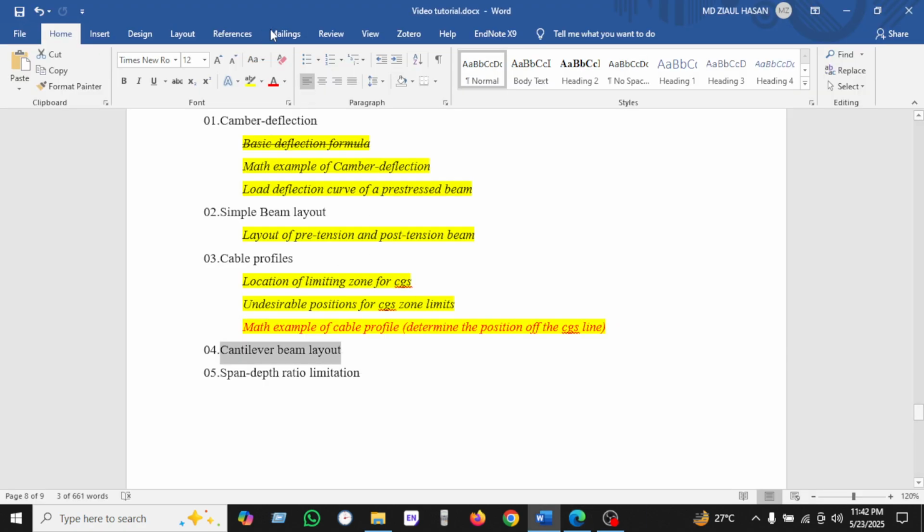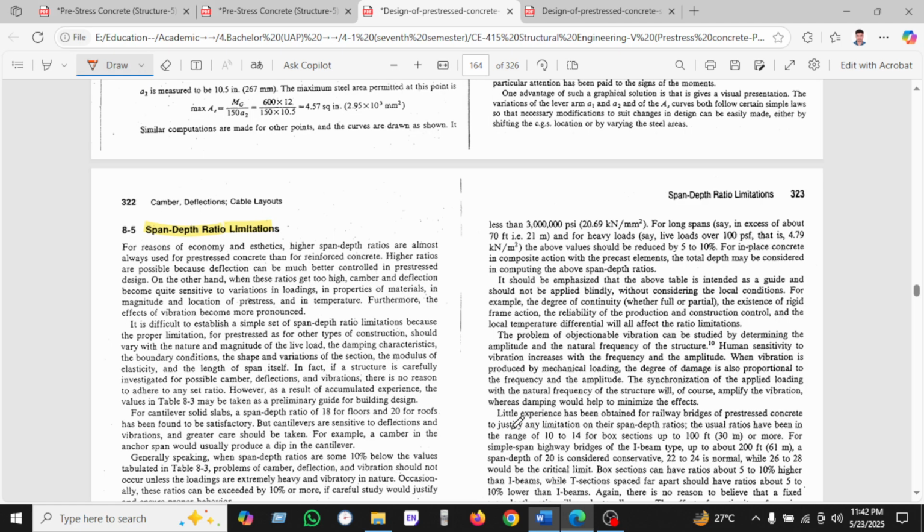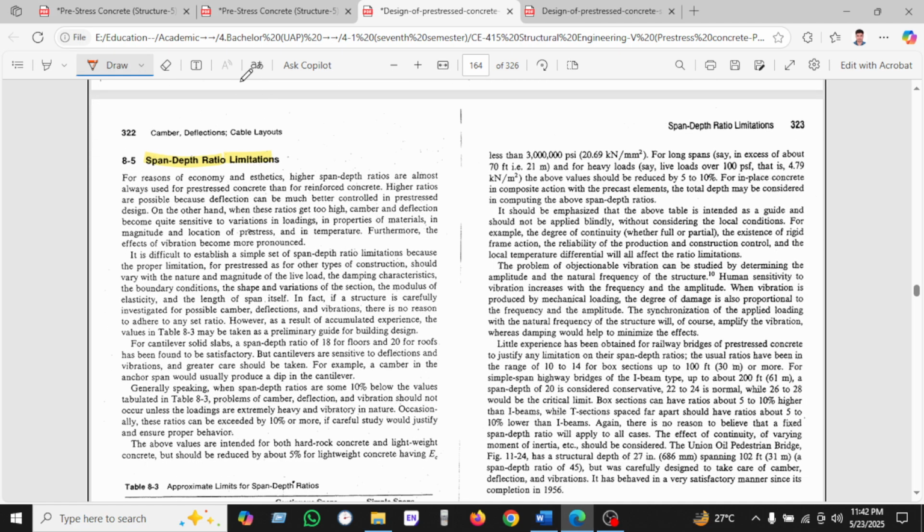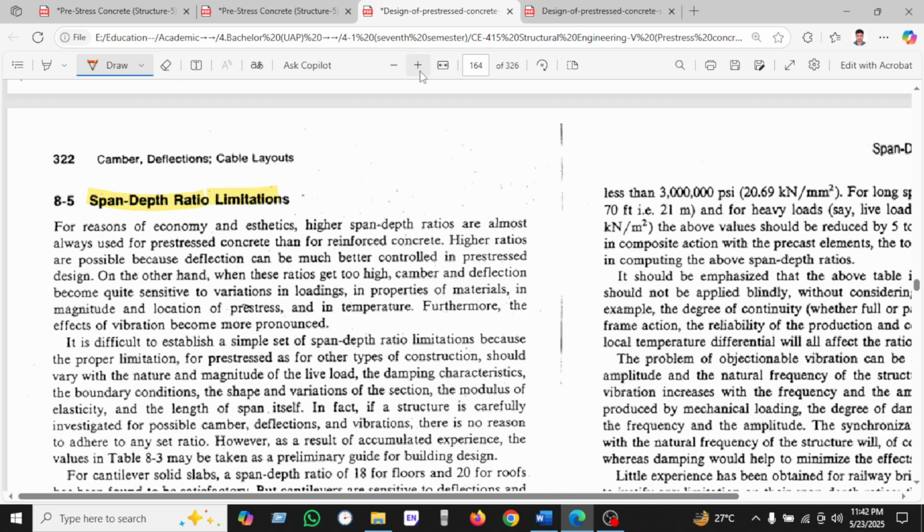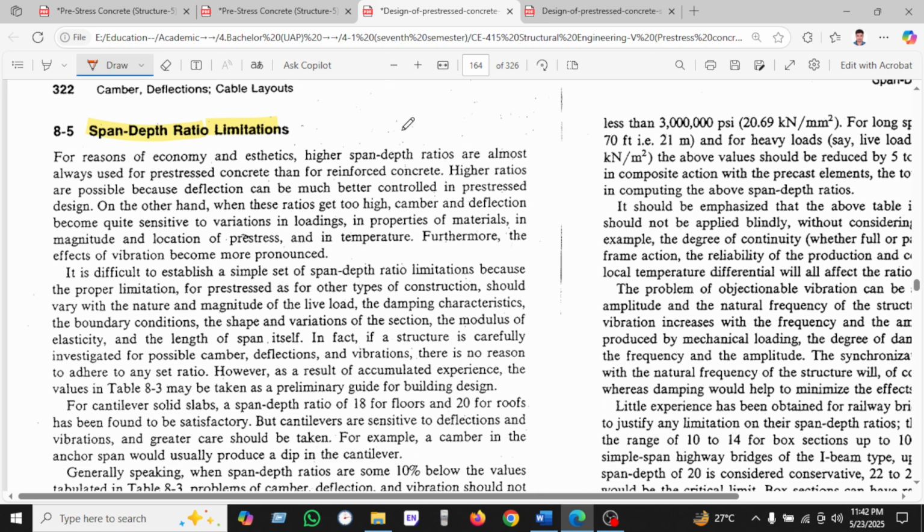So these are in depth. The last topic we have been seeing is the span depth ratio limitation. So let's see these span depth limitations. The span means the span of the beam or bridge, and these are the depth limitations. For economic and aesthetic reasons, a higher span depth ratio is modest, always used for prestressed concrete.